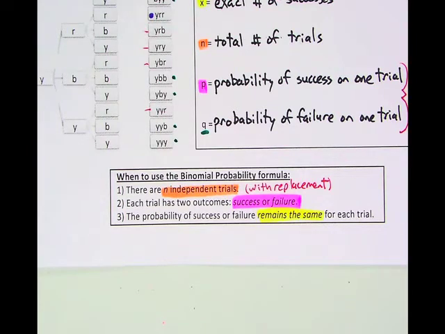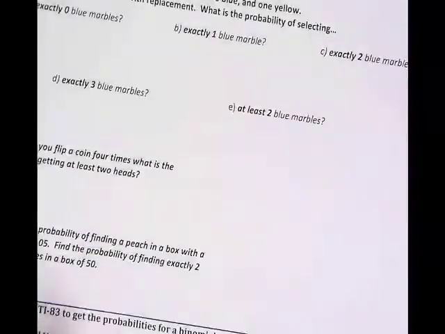All right, let's go ahead and try a couple examples here. So example 1 says a normal 6-sided die is thrown 5 times. What is the probability of getting the number 1 3 times?